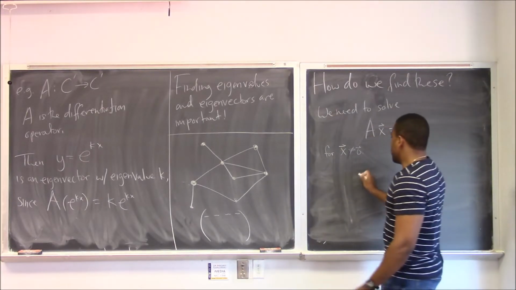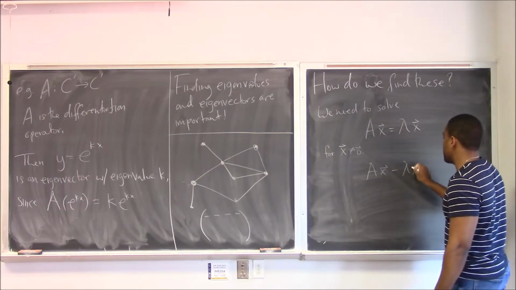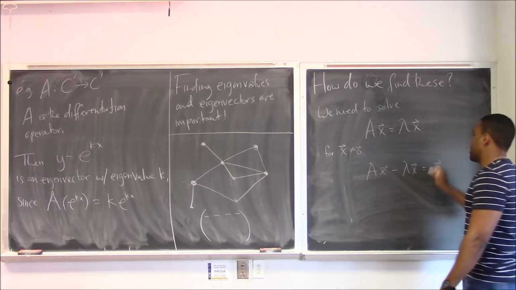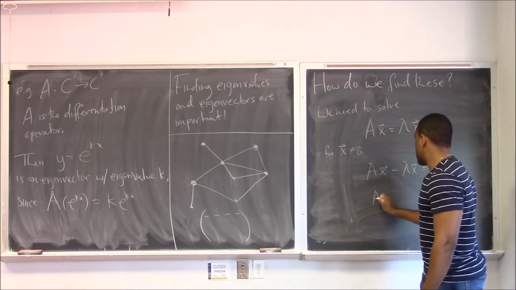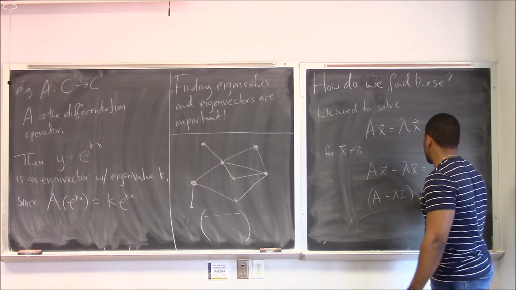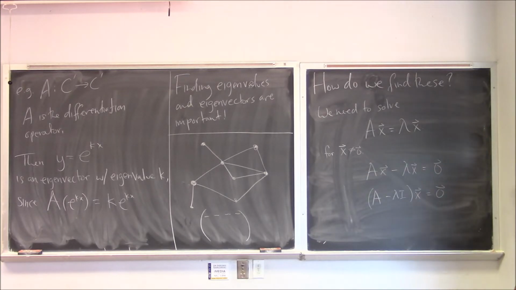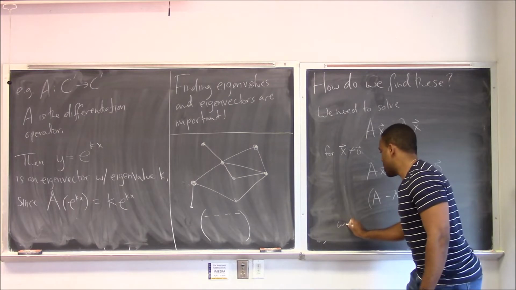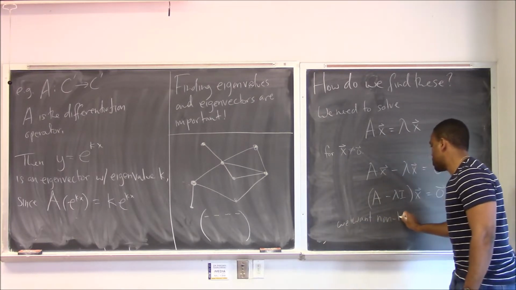So essentially what we can do is say, hey, let's subtract this from both sides. We're in a vector space, we can do that. We can also factor out the vector x. And so basically what happens is we want non-trivial solutions to this.